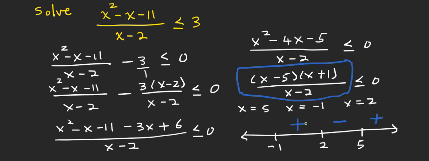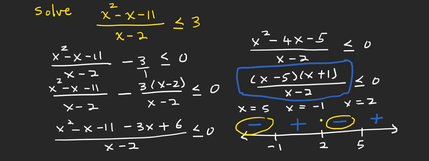So you get positive. What about here? Negative 5. You could choose negative 5 or negative 10. You end up getting negative, negative, negative. So you get negative. Now, in order for this to be a solution, it has to be less than or equal to 0. So that means it has to be negative.